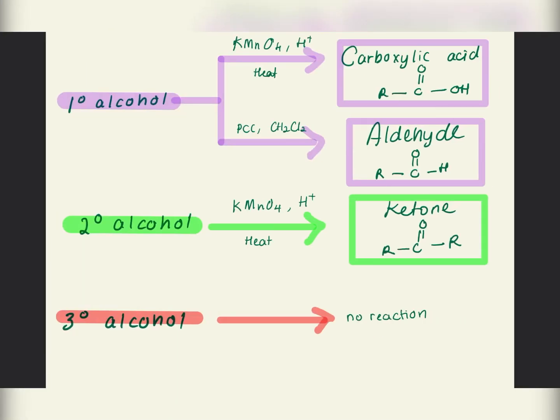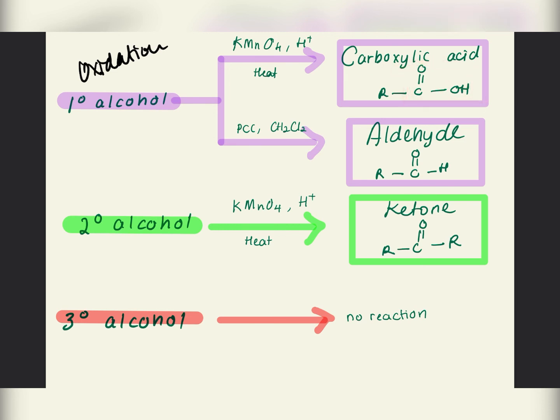Okay, so this is the summary. I've summarized all the oxidation. Okay, so oxidation of primary alcohol, kalau guna KMnO4, acidified KMnO4 with heat, dia akan further oxidize. So kamu akan dapat OH, C double bond O, OH carboxylic acid.